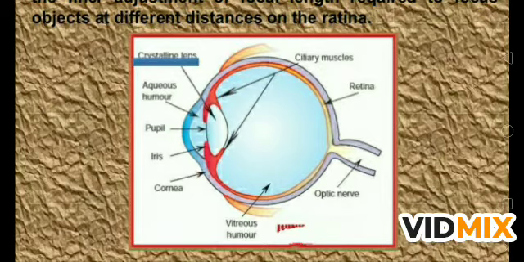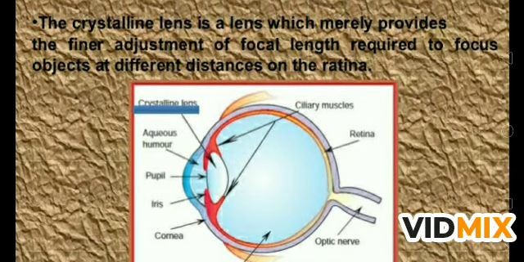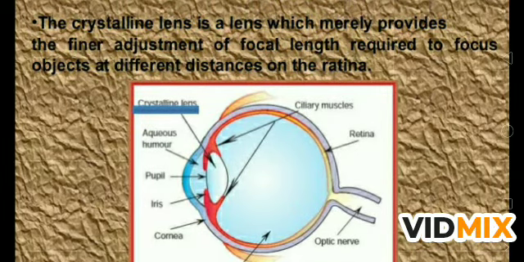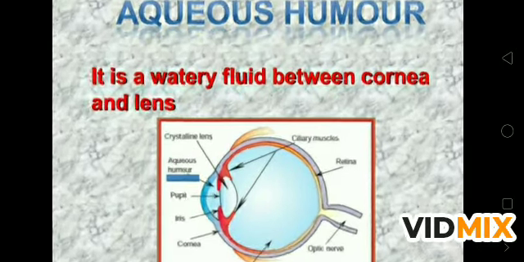So we can say that this is the lens which makes the image on the retina, and with the help of this lens we can see the images of objects at different distances.